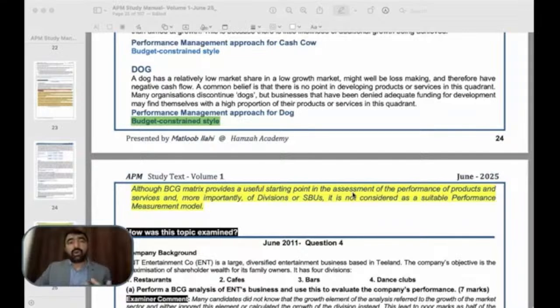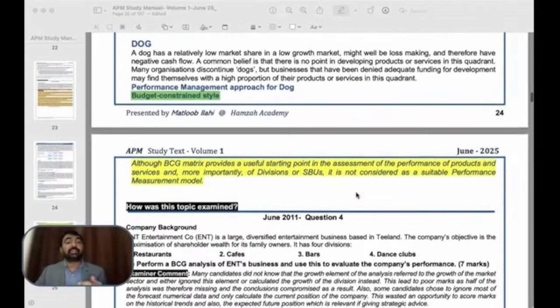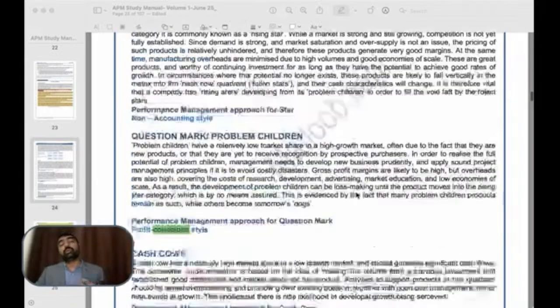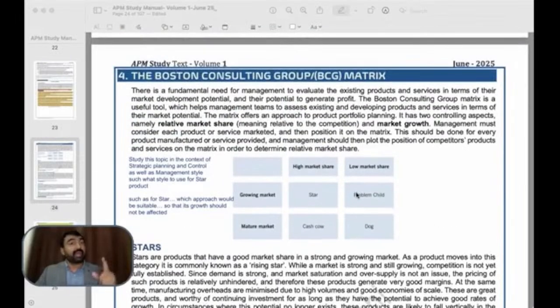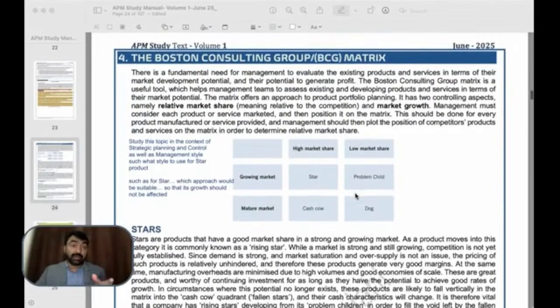So for dog, we need to have a different management style. All right. So, my dear, this is how we need to study Boston Consulting Group at APM level. So, I hope you have understood that the application of the BCG matrix is different at APM and at SPL level.